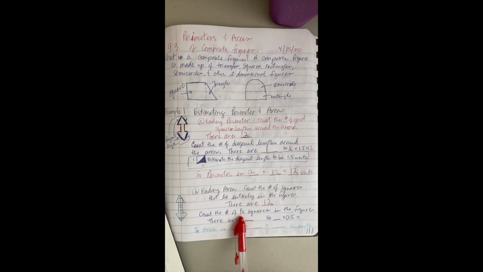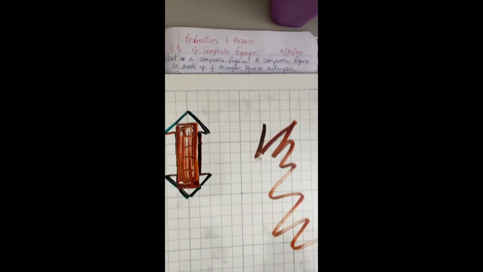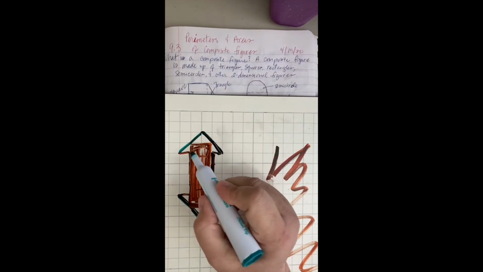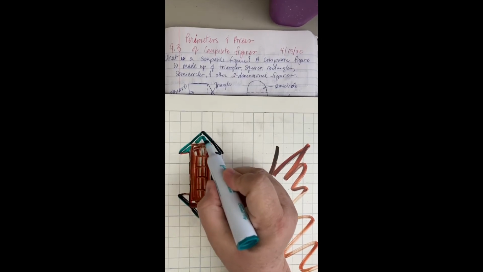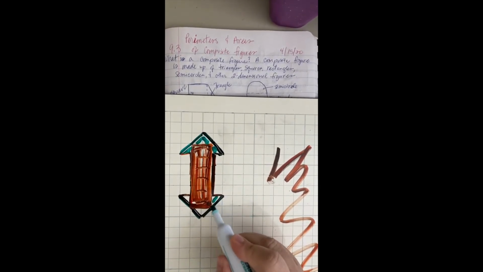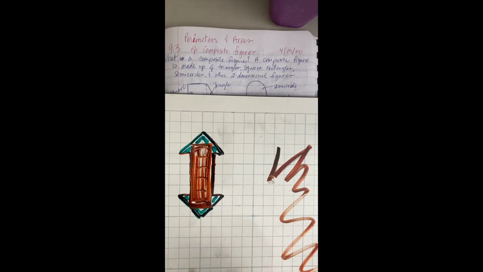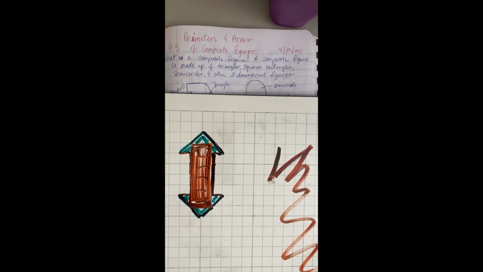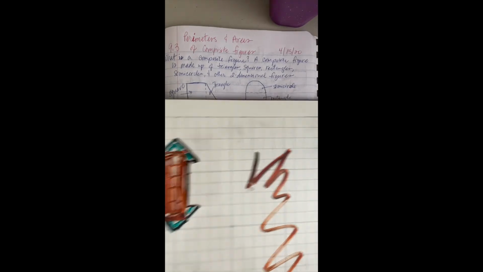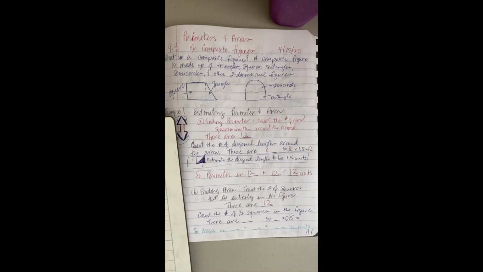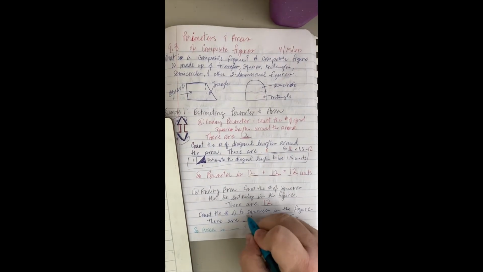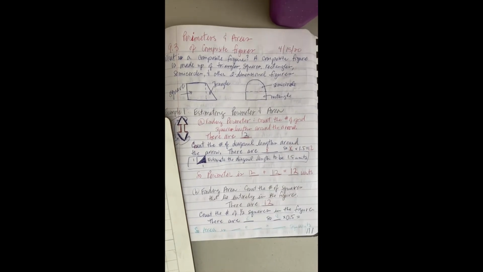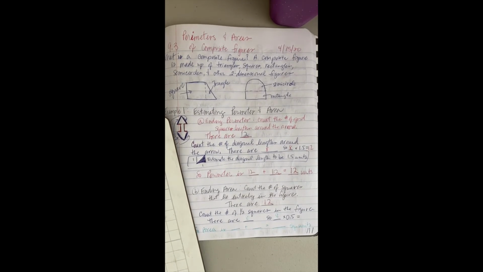Now I need to count the number of half squares in the figure: 1, 2, 3, 4, 5, 6, 7, 8. There are 8 half squares in our figure. So I'm going to take 8 times 0.5, which gives me 4, because I'm cutting it in half.